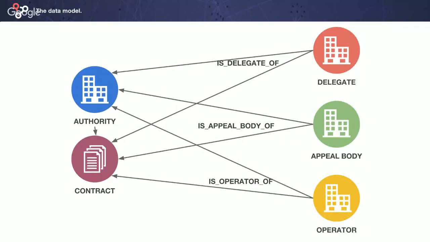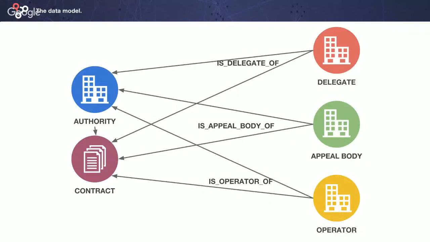There are also delegates. So a delegate can be an organization that confers to an authority the role of setting up a tender for it. There are also appeal bodies. So for each public tender in Europe, an organization needs to set an appeal body.